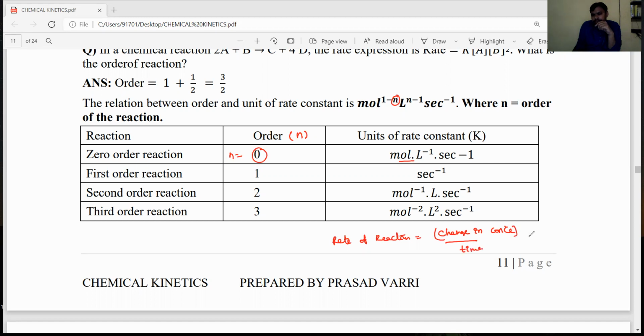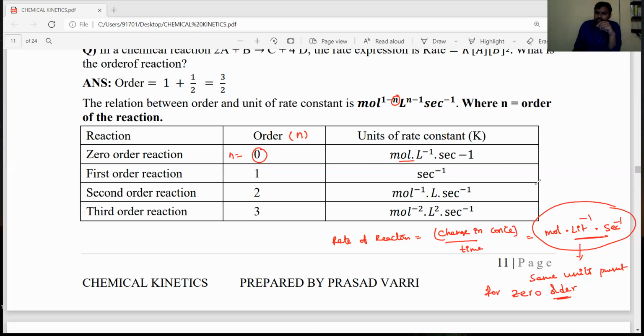So concentration units are mole per liter and time is second inverse. The same units are present for zero order reaction.